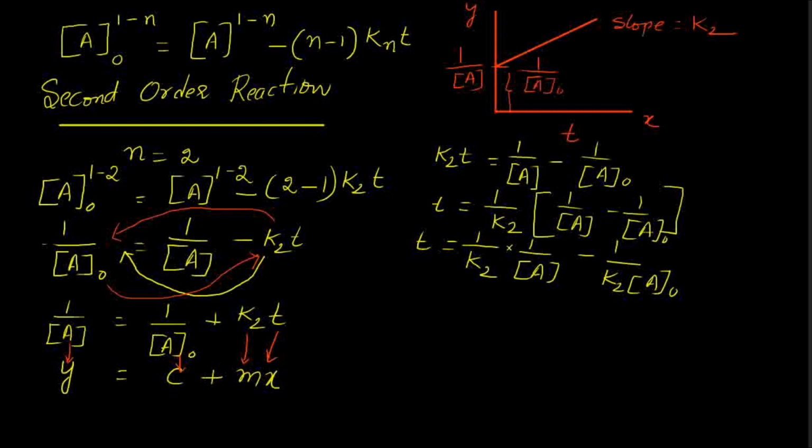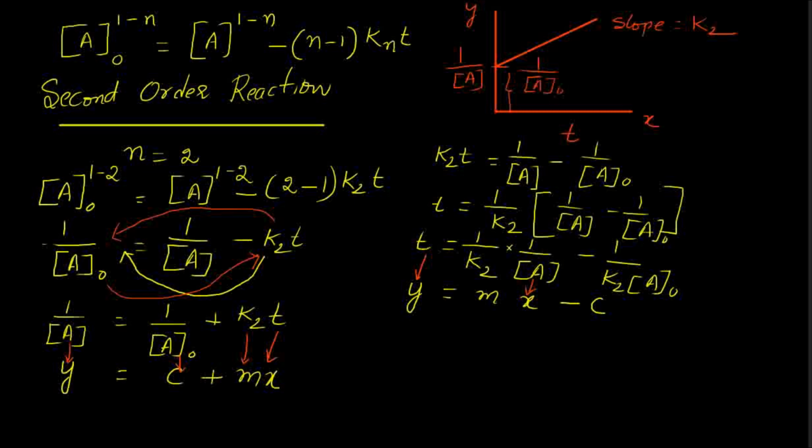Okay, so this equation is in the form of y equals to mx minus c. So y equals to mx minus c form. This is the t time on y axis and 1 by a on x axis, and the 1 by k2 is the slope, and this is the minus c, the negative intercept, that equals to 1 by k2 a naught.